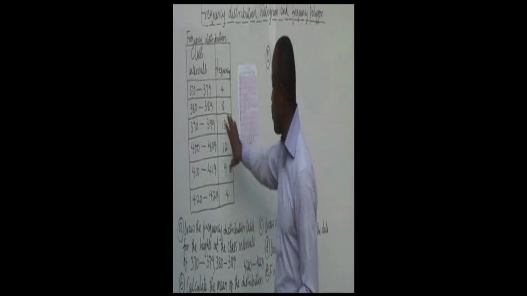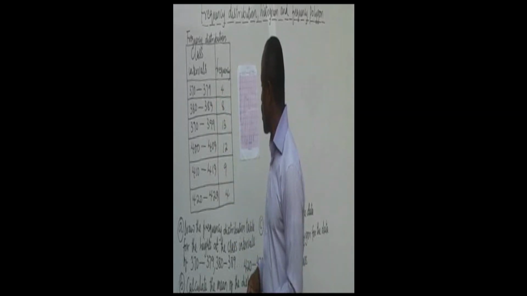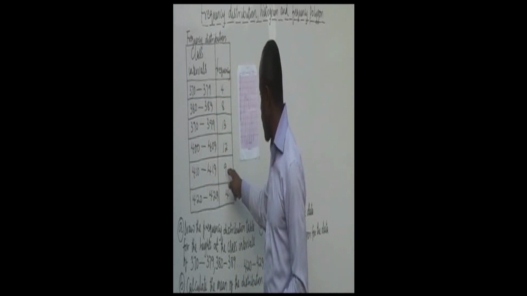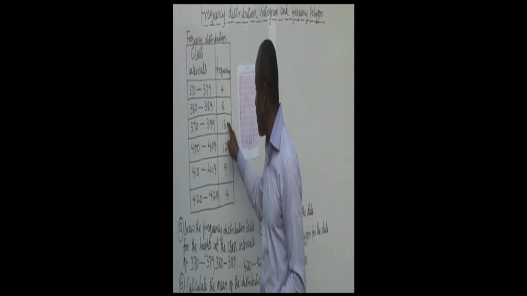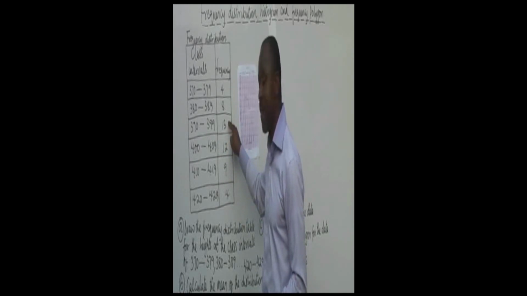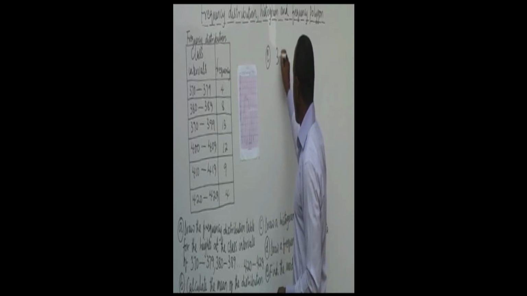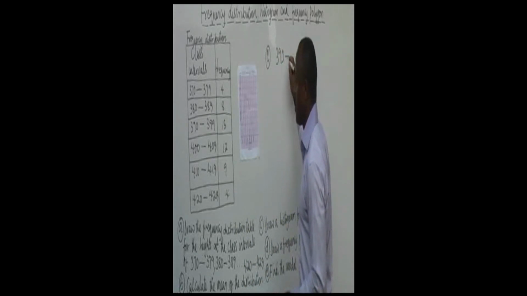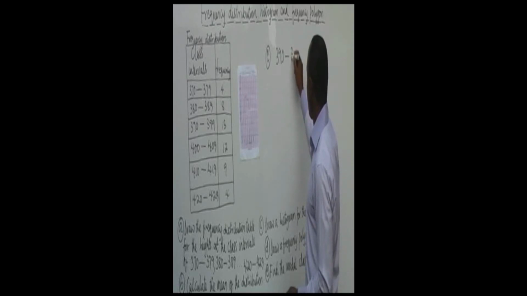Just like if you come to this table, you discover that these are the frequencies. The class that has the highest frequency has the frequency of 13, and that class is 390 to 399.